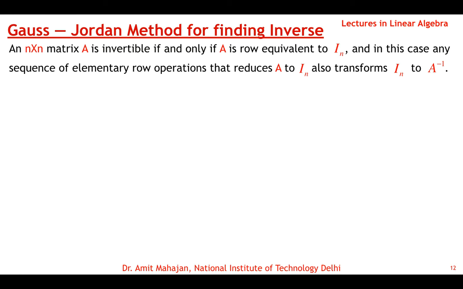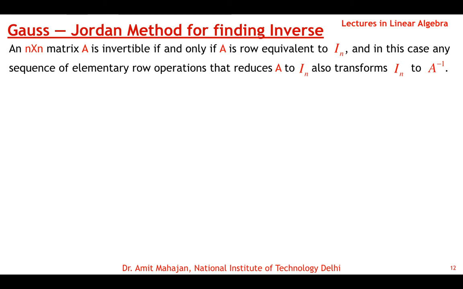So instead of PAQ, if we apply only row operations to convert to identity, P will convert into A inverse, because PA equals I means P has to be the inverse of A.